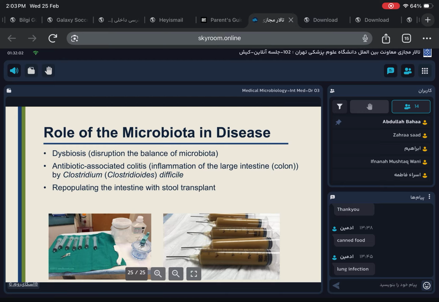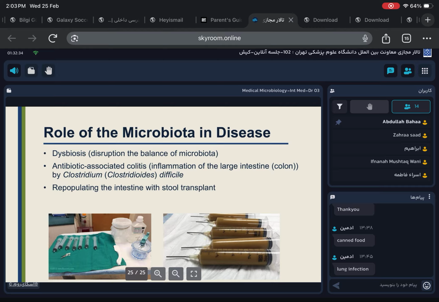We can cultivate them, propagate them in the laboratory, mix them together, and then inject this mixture of microorganisms into the intestine of your patient through the anus. As you can see, this is a very simple procedure, and you can save your patient by using it.